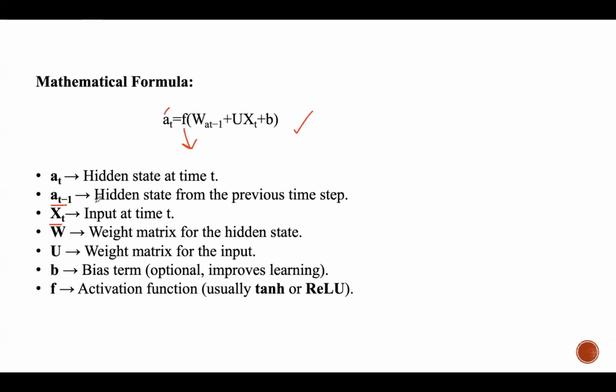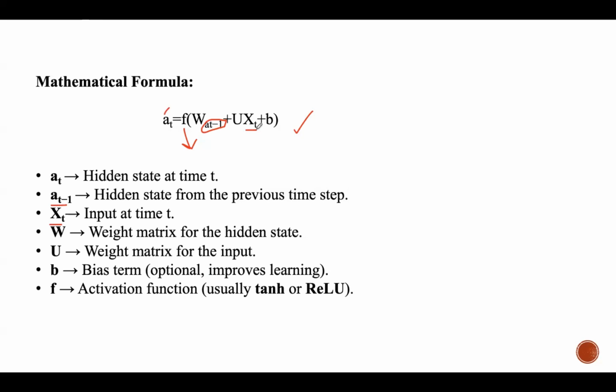Then coming to A_t minus 1, that is the previous hidden state. A_t is the current hidden state and A_t minus 1 is the previous hidden state. This A_t minus 1 stores information from the previous time step and helps capture sequential dependencies in the data.